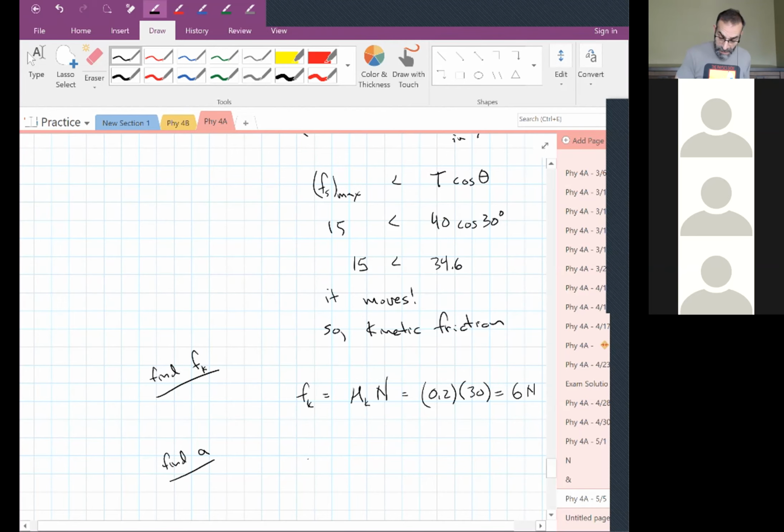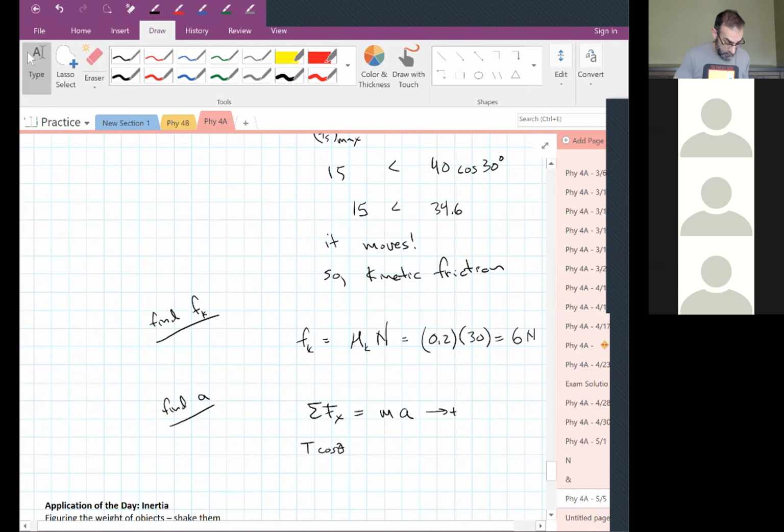Sum of the forces is ma. So in the positive direction, I have my T cos theta. In my negative direction, I have my friction force.